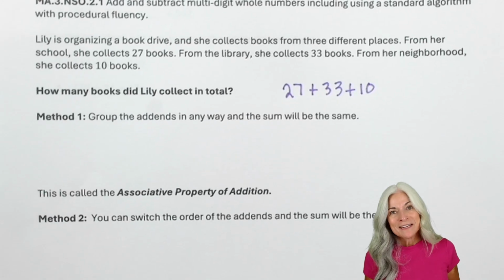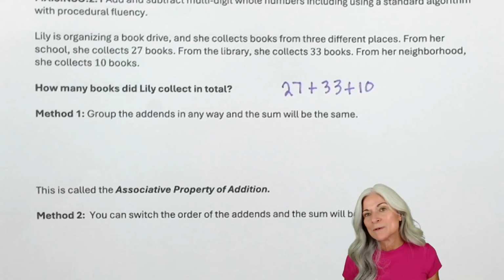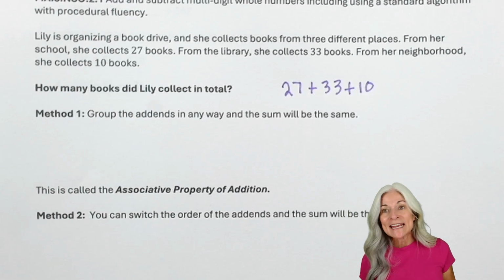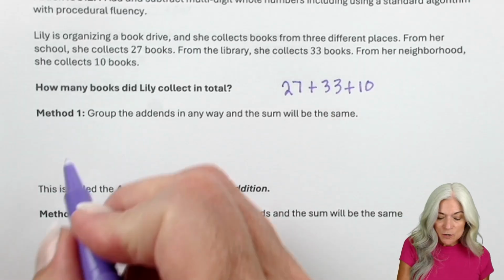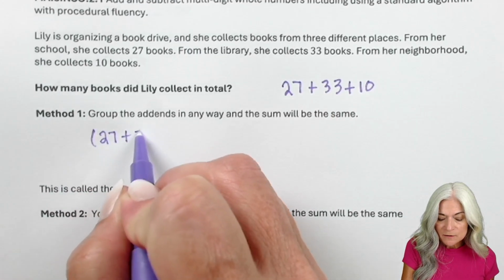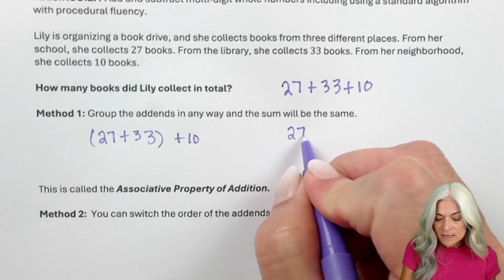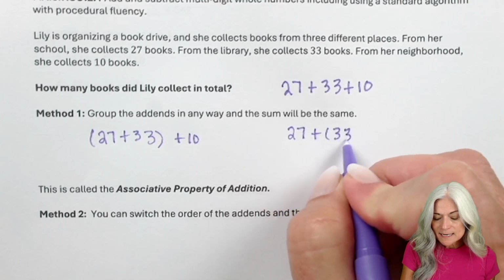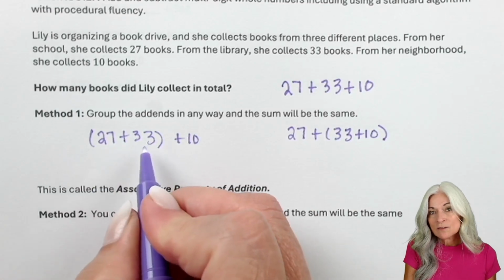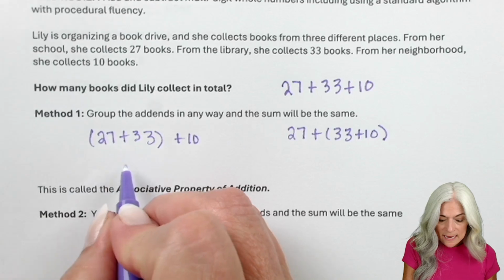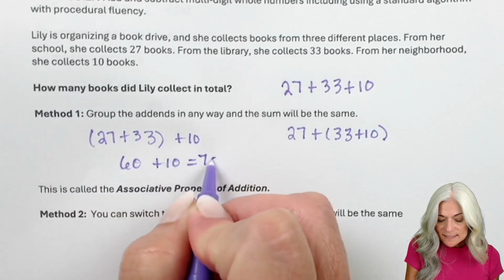Well, the first method is group the addends in any way, and the sum will be the same. Of course, the addends are the numbers that we are adding together. So we could group 27 plus 33 first, or we could group 33 and 10. 27 and 33 would give us 60, plus 10 would give us 70.